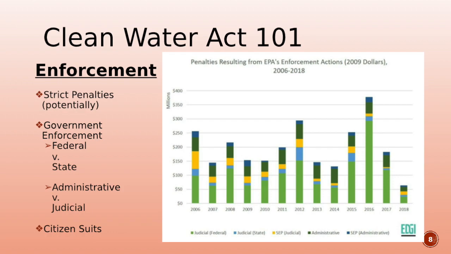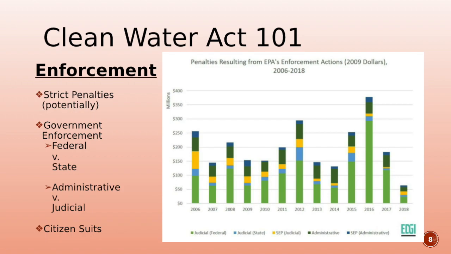The basic principle here is if the federal government and the state government are not taking an action to prevent violation of the law or to penalize it, then any member of the public who is affected by that violation can step in and bring a suit themselves. So if you violate the Clean Water Act or your permit under the Act, you could be enforced by the state agency, by the federal agency, or a citizen or citizen group can bring a case against you.